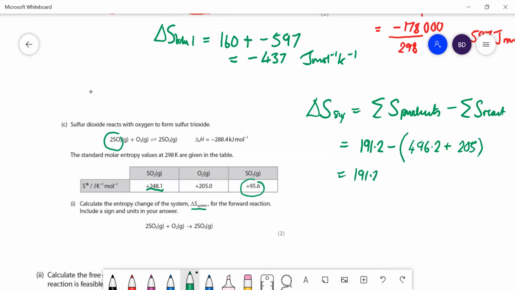So that's 191.2 minus 701.2, and that gives us a value of minus 510 joules per mole per Kelvin.